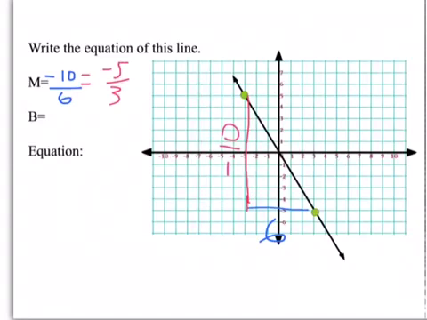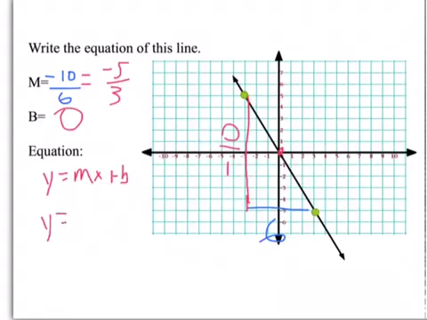Next, we need to look for our y-intercept. Our y-intercept is where this line crosses the y-axis. The line crosses the y-axis at this point, which is when x is equal to 0. So my y-intercept is 0. Now I know my m, I know my b. I want to plug them into my equation, y equals mx plus b.